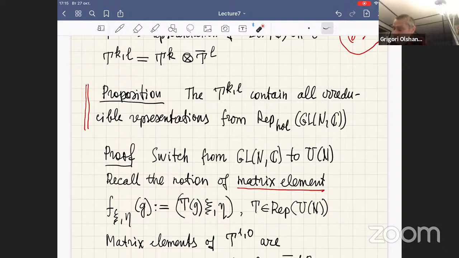So the idea is as follows. It's convenient to switch from one language to another one, I mean from the GLN picture to the unitary group picture.